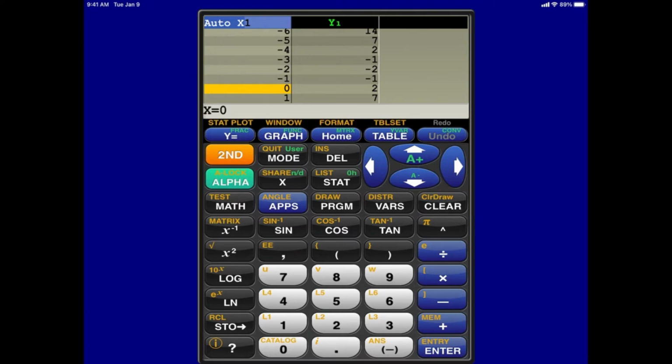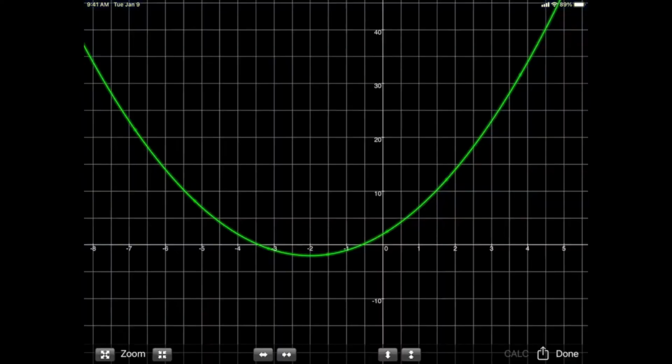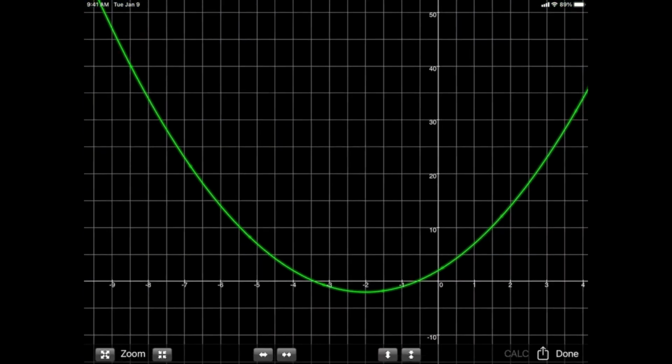Okay, and then let's put a graph. And it looks like this one is between negative 3 and negative 4. There's the exact one. You see how the ordered pair is negative 3.4 comma 0. But in our table, we don't have decimals. Does that make sense? And then over here, that's between 0 and negative 1.